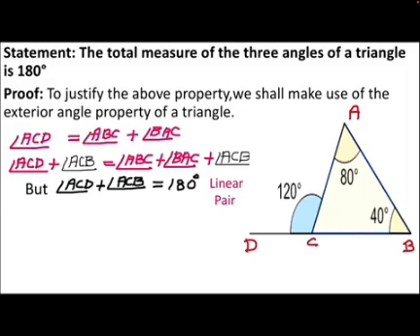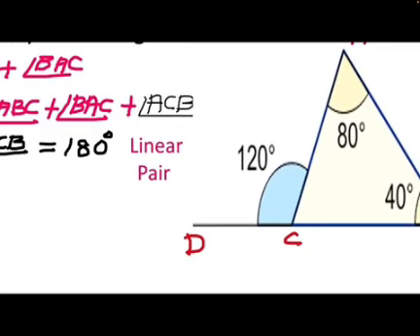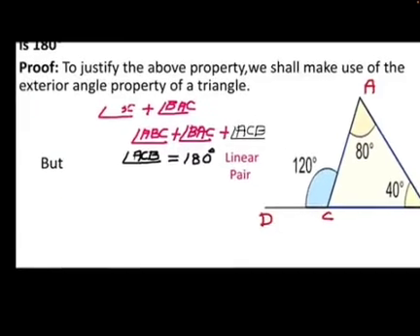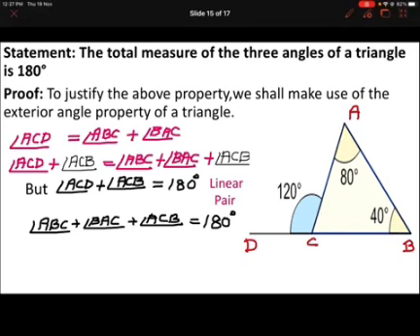So, in that case, what will be the measure of this angle? That is this angle. What do you think is the measure of this? It is 60 degrees, is it not? It is 60 degrees. So, angle ABC plus angle BAC plus angle ACB is 180 degrees. So, this angle should be 60 degrees. This should be 60 degrees. Only then the total will be 180 degrees. So, what have we done?